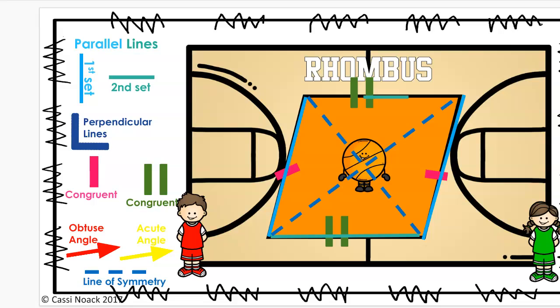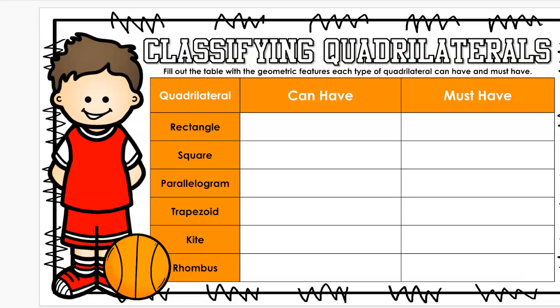The very last slide is a little bit different. On this last slide, you're going to be typing in some of the properties of each of these quadrilaterals. It's a little confusing because it says can have and must have. I know that a rectangle must have right angles, or those perpendicular sides. A square must have those right angles and equal length sides.